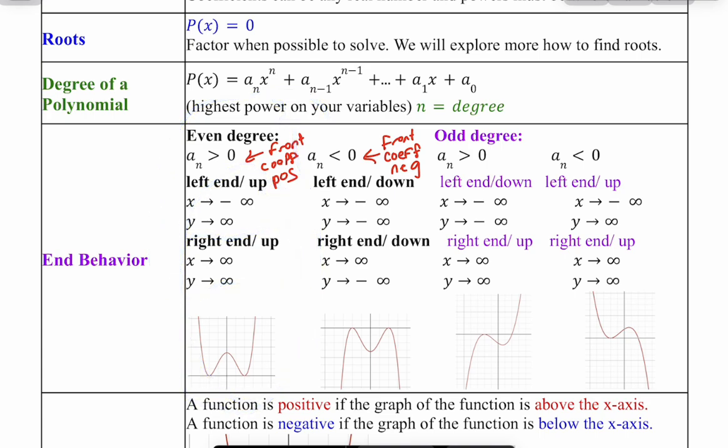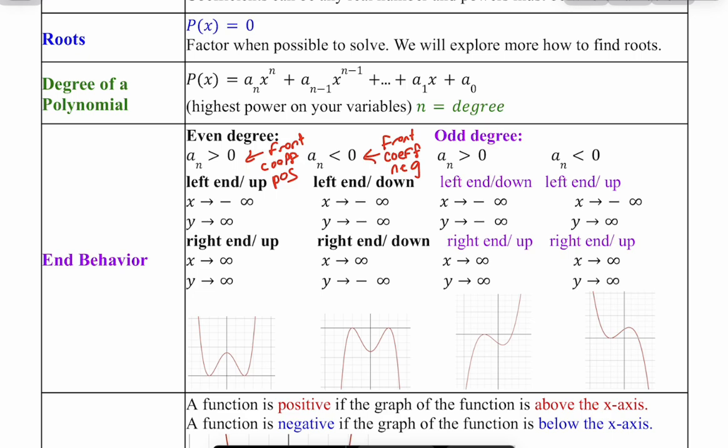Now let's talk about this notation. Do you see how on the left end, x is always going to negative infinity? That is always how you move across the graph to the left. So you notice none of those change. If you need to move to the right, the x's will always go to positive infinity. So you don't really have to think about that.